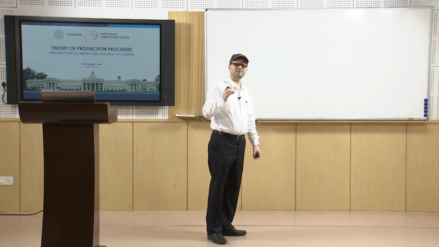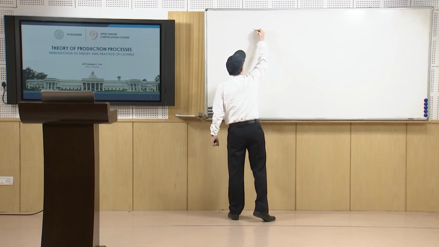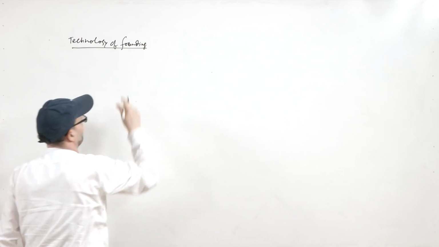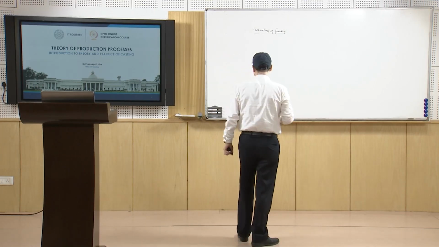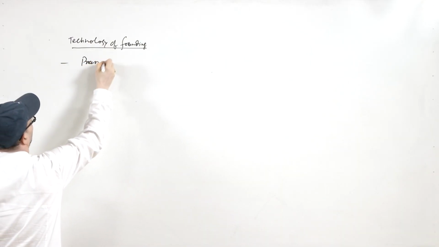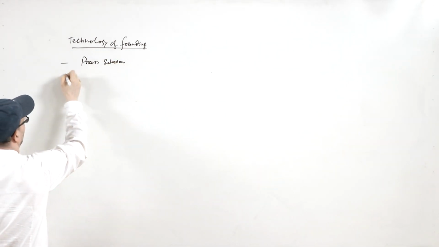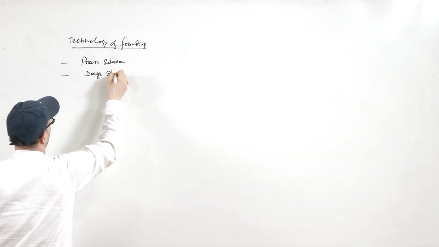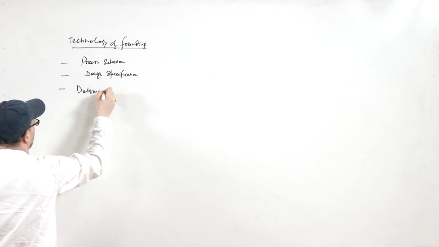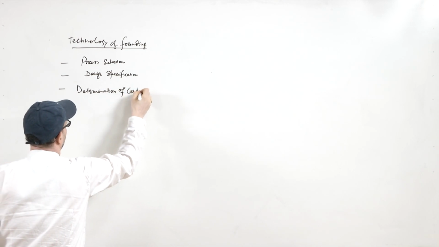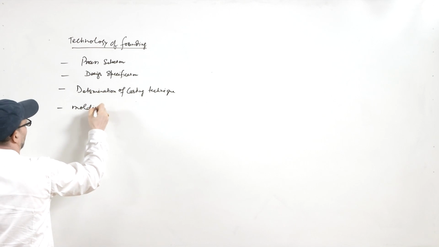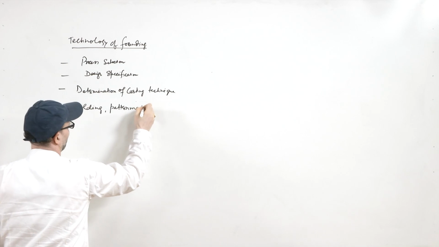So, if you talk about the typical founding processes, in the technology of founding, or technology of casting, what you see is initially you have basically some design in mind. So, you have the process selection, design specification, determination of casting technique, further molding, pattern making, core making.